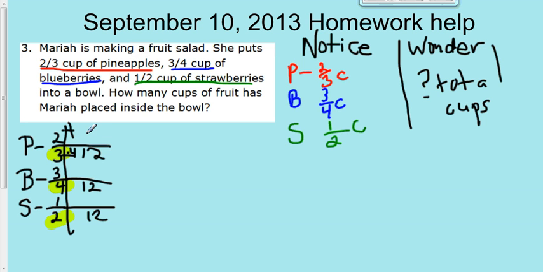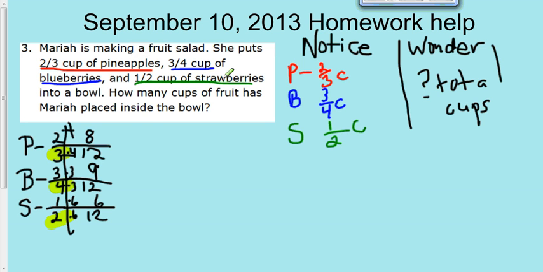So 2 times 4 is 8. 4 times 3 is 12, so 3 times 3 is 9. 2 times 6 is 12, so 1 times 6 is 6. Once I've converted all my fractions, now I have 8/12 plus 9/12 plus 6/12.